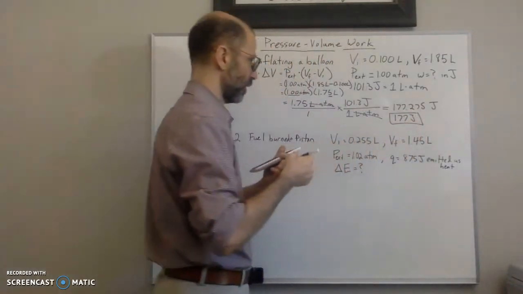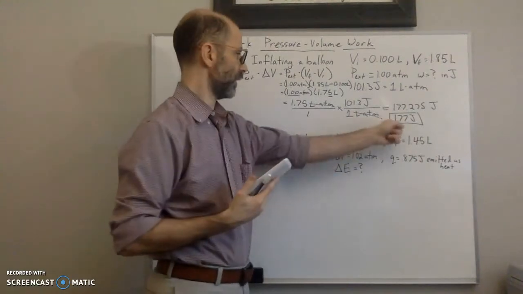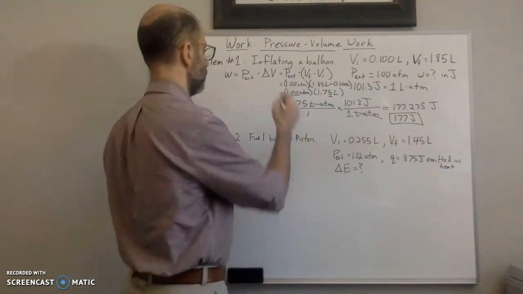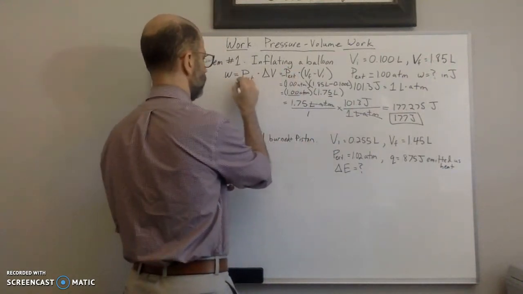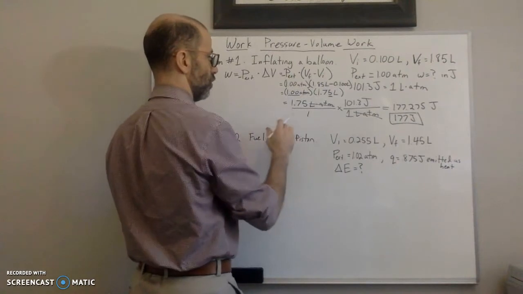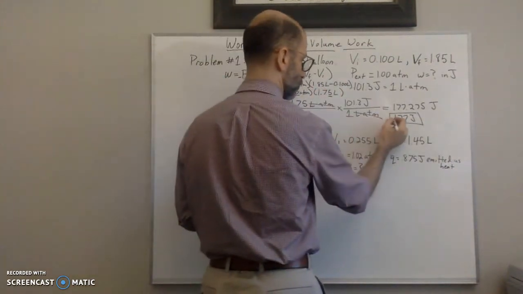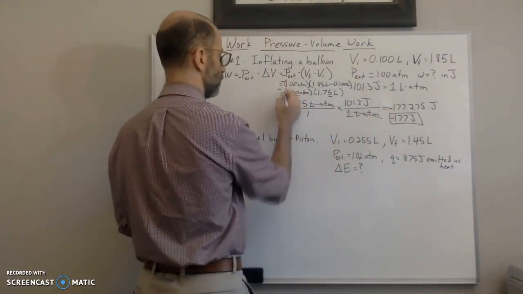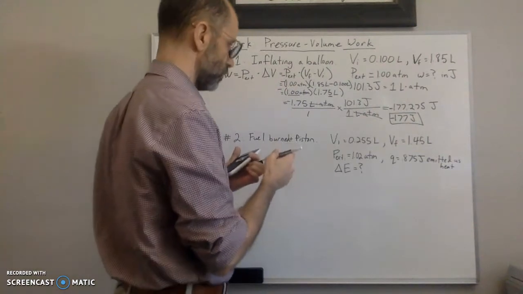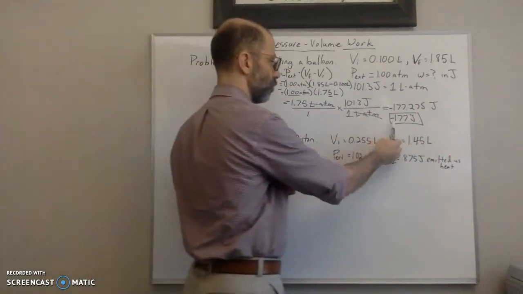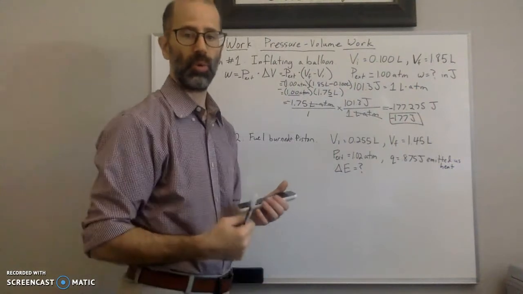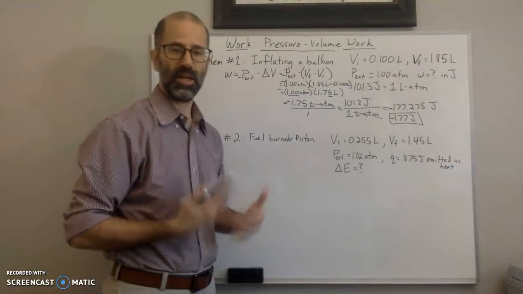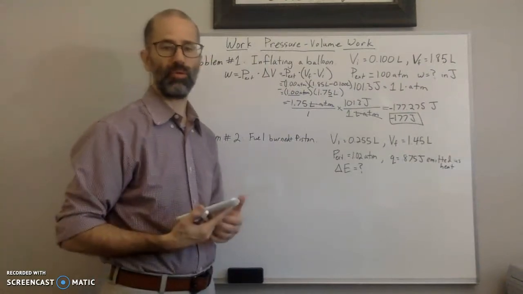That would be the amount of work in joules done by the system. And oh, I can't forget my negative. This was positive, so this should be negative as well. This is important because the negative sign tells us that work was done by the system on the surroundings, so the system lost energy in the form of work.